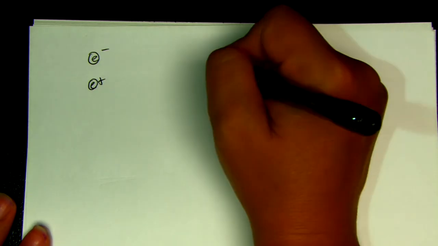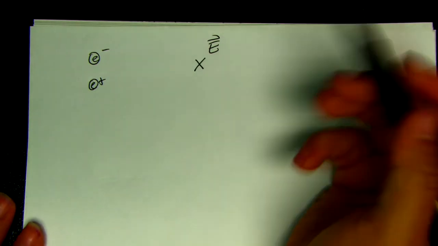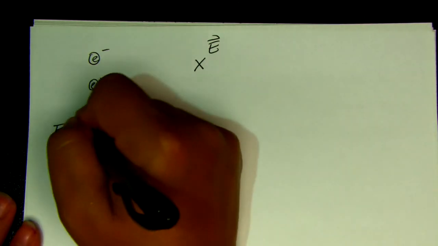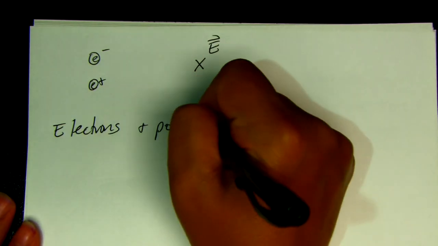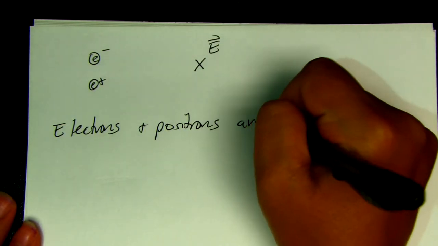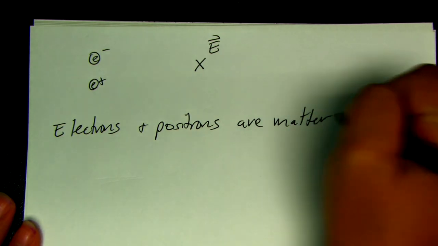So let's say we had a dipole consisting of a positron and an electron. So we have electron, positron. So we've got a dipole. We observe the field here from this. Now, electrons and positrons are matter-antimatter pairs.